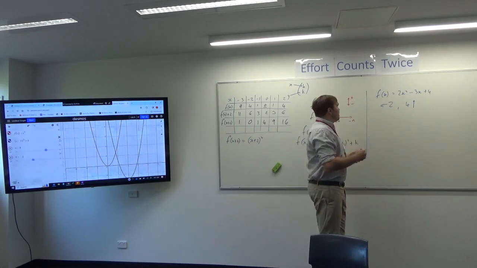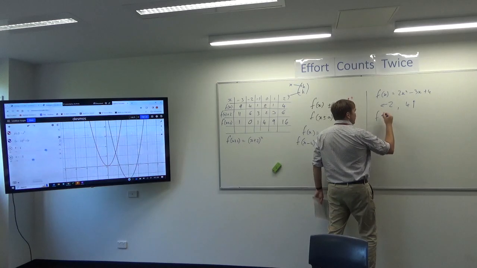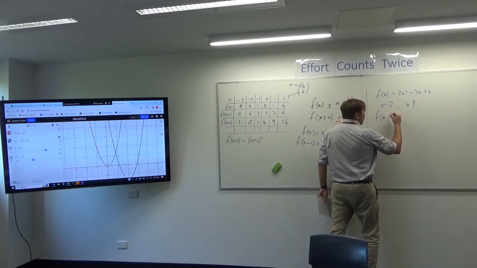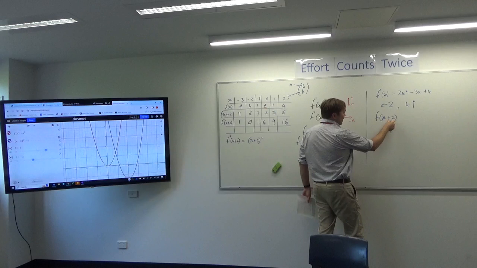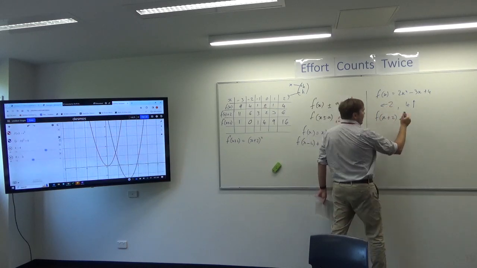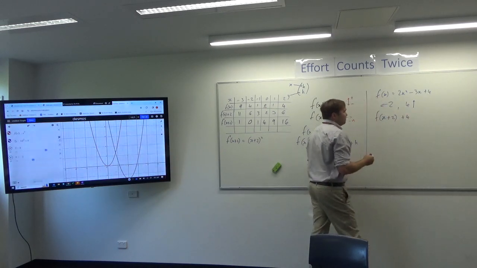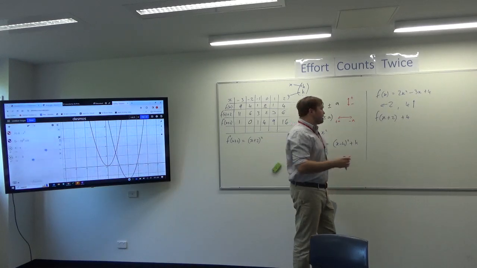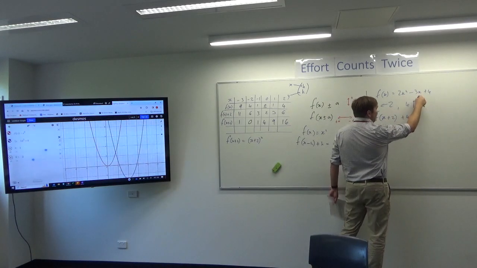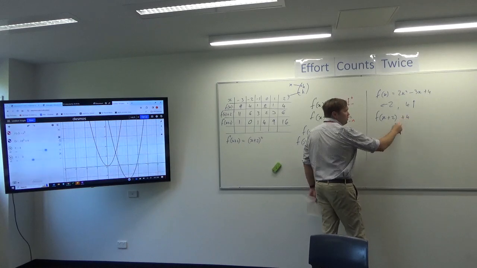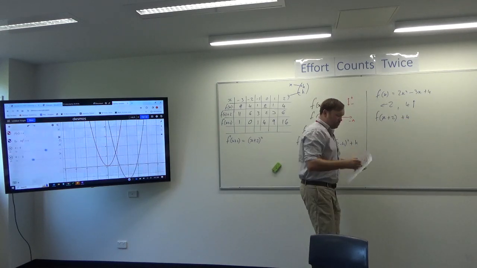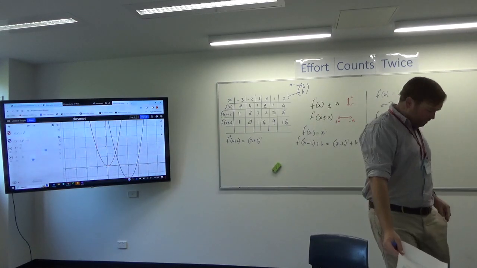The replacements we use are, we then want f of x plus 2, because we know that a plus moves it to the left 2, and then I want to add 4 on. And then we're going to sub this into that equation wherever x is, and I'm going to add 4 on the end. So I'll try to do this in colours to make it obvious what I'm doing.